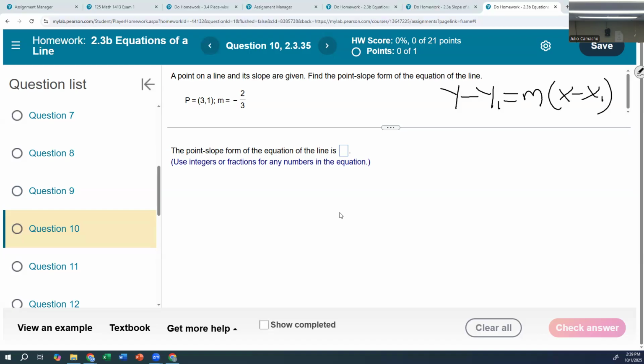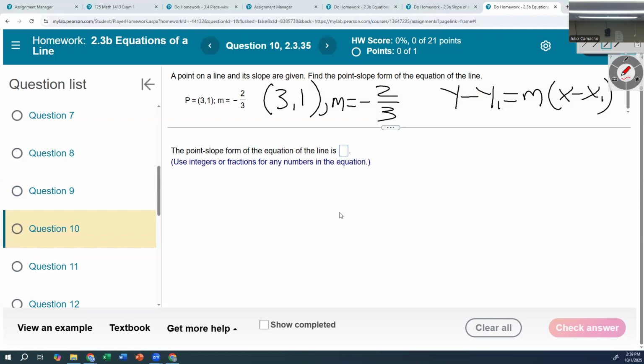The point that they are giving you here is (3, 1), and your slope, m, is equal to negative 2/3.